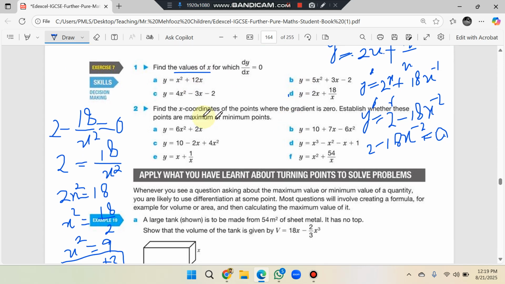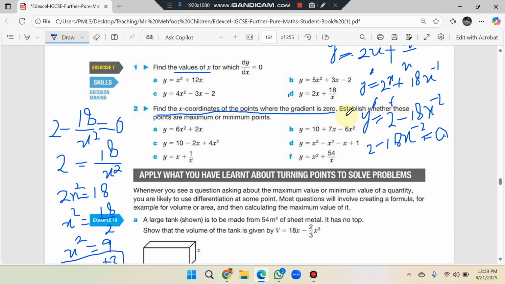Okay, so in question number 2, you can see that we have to find the x coordinate of the point where the gradient is 0. So again, this is like the previous question. We have to find the value of x by putting the gradient function equal to 0. Establish whether these points are maximum or minimum points.